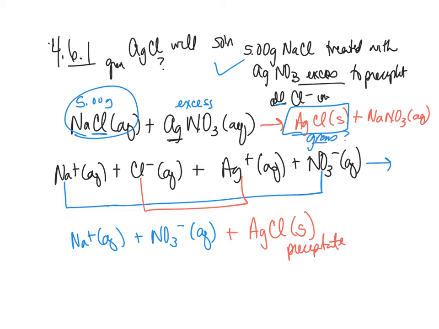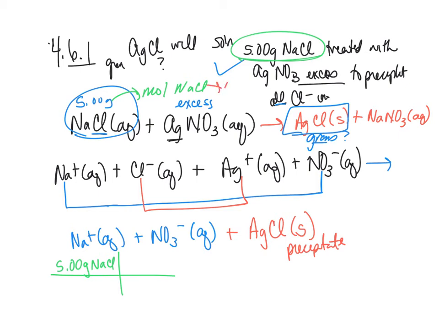So what's the mass? You start with your given, which is the number with the unit, 5.00 grams of sodium chloride, and then you convert that to moles. So you go to moles of sodium chloride, then to moles of silver chloride, and then to grams of silver chloride. Cl is 35.45 plus 23 for sodium.